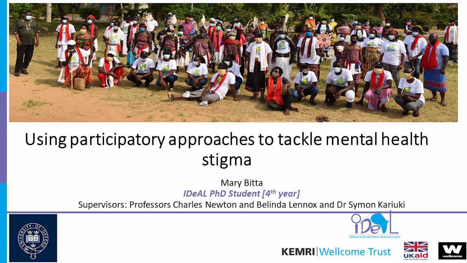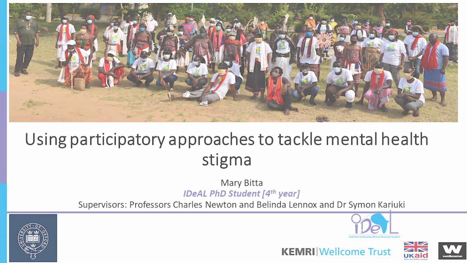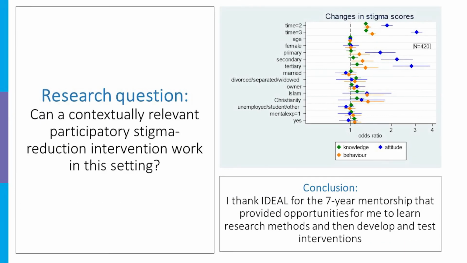And Difusimo uses participatory approaches, which means that stakeholders in mental health are involved in developing, implementing, and even evaluating interventions to address stigma. And in total, we have about 14 collaborators that work on this project, and preliminary analysis of our work that measures different components of stigma show that these interventions are indeed effective.